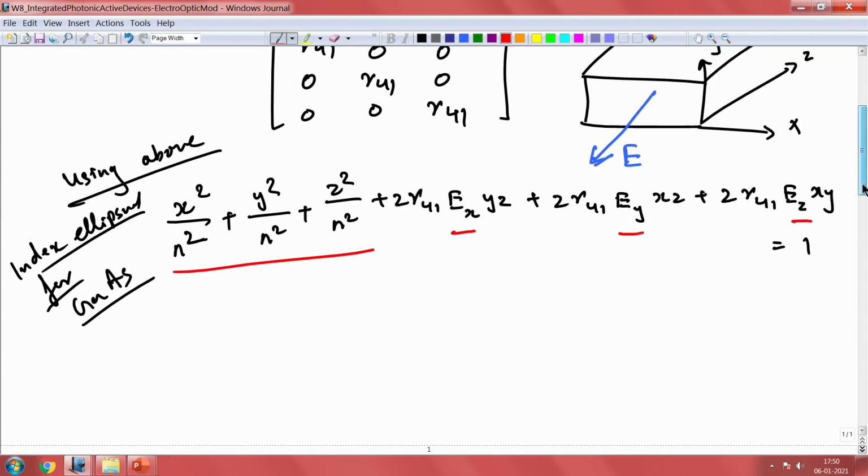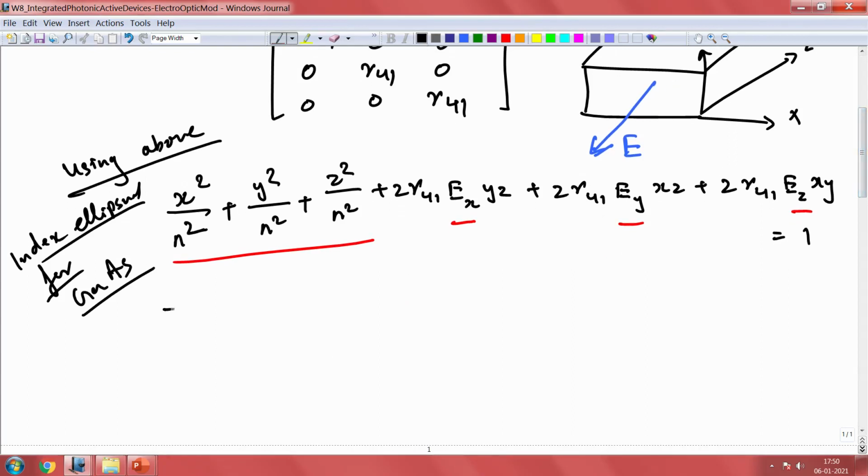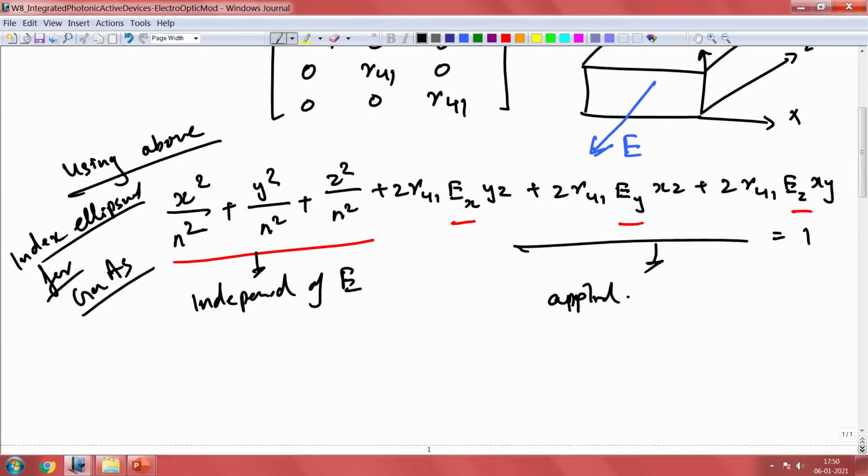Okay. So, now there are two things. This is independent of the field, and the applied field is along z, right. So, that is something that we know.